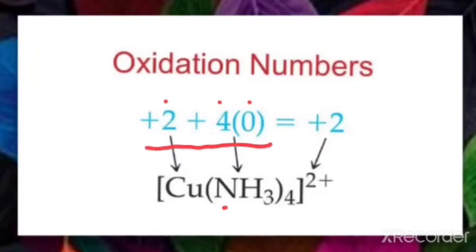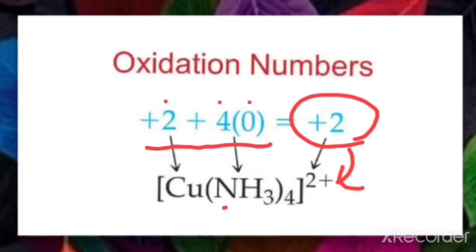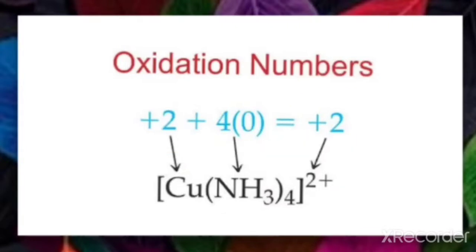When you make the sum, it should equal the charge on the coordination sphere. That means the sum of the charges inside the bracket should equal the charge outside the bracket, that is plus 2. That is how you can check whether you have found the oxidation number correctly for the central metal ion in coordination compounds.